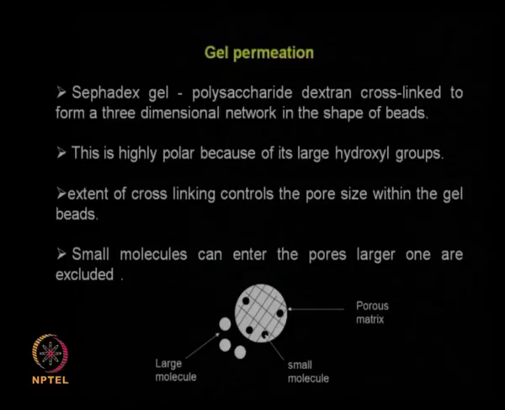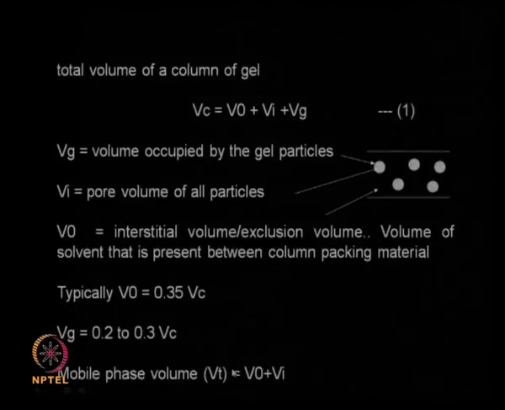So basically what happens here, you have small molecules entering inside the porous matrix, and the large molecules do not find access into the pores, so they just travel down the tube. If you look at the total volume of a column of a gel, there are many parameters one needs to consider. The total volume of a column of a gel is made up of 3 volumes: V0, Vi and Vg.